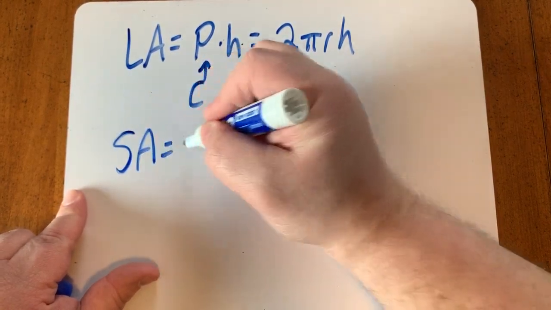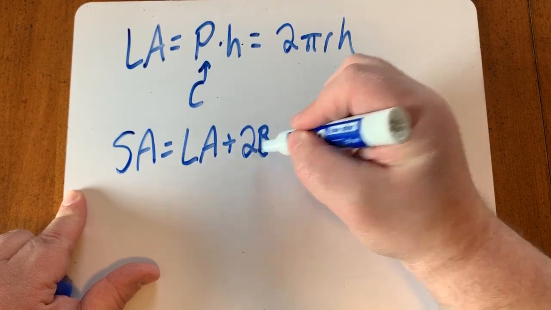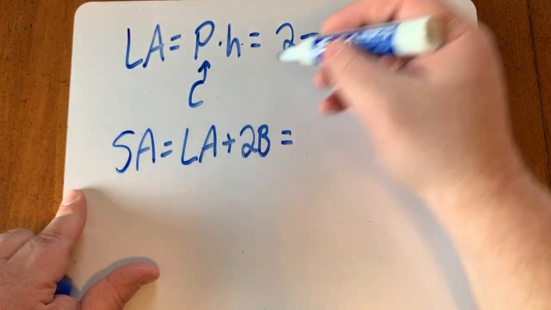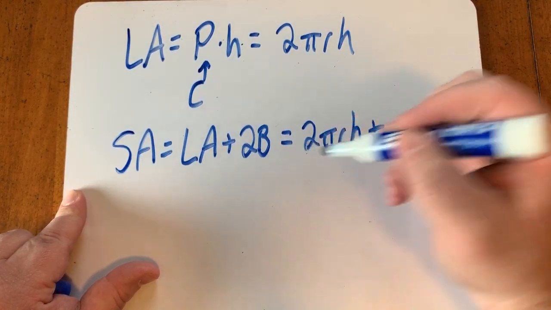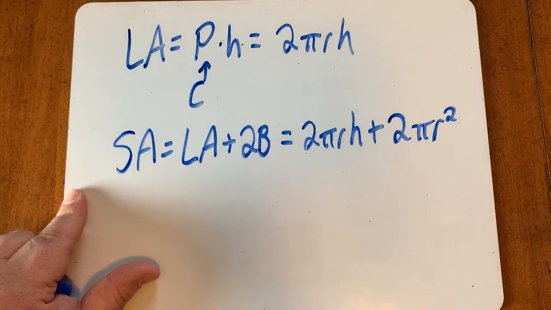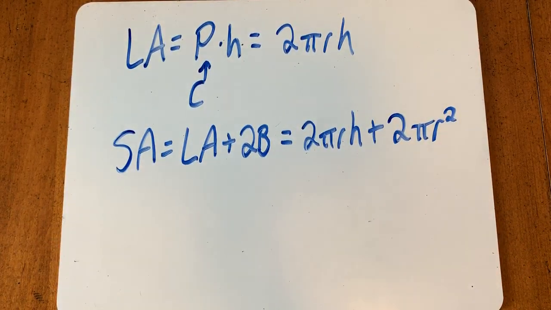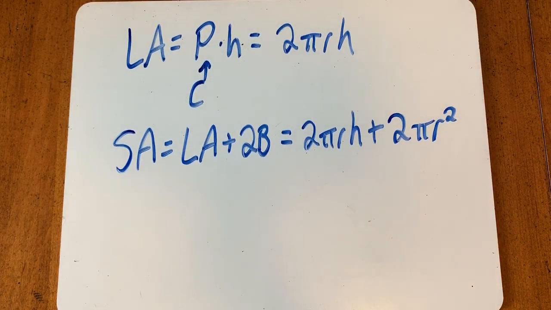And the surface area, it's still the lateral area plus 2 times the base area, but the lateral area is 2 pi r h, and the base area is pi r squared. There's not going to be a different type of shape for the base. It's always going to be a circle. So these are our formulas for the lateral area and surface area of a cylinder.